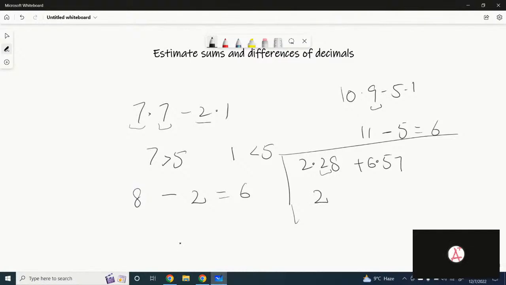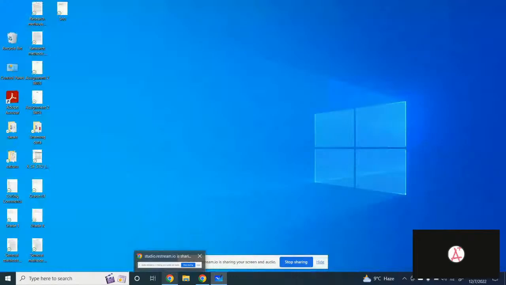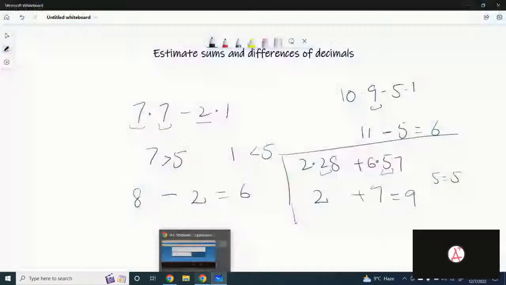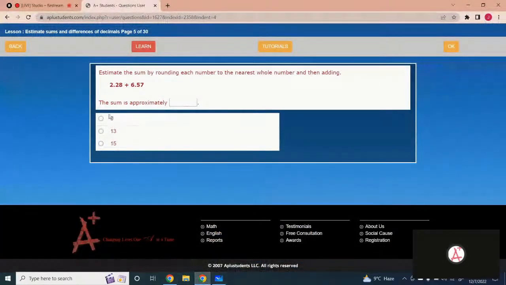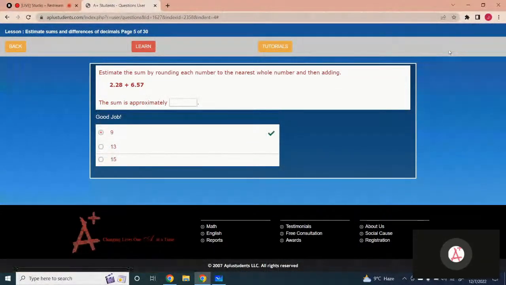Got it? Then you have to round off 6.57. Here you have 5. 5 is equal to 5. If they are equal or greater, you round up. Round up means add 1 to the whole number. So it would be 7. So 7 plus 2 is 9. Got it? Just select the correct option, then click on the OK button.